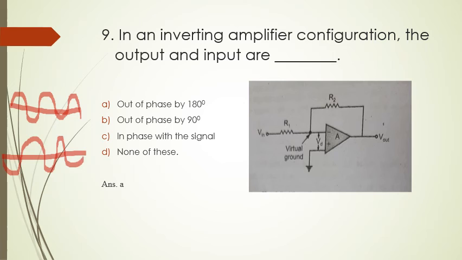So this is your input and this one is your output. From the waveform itself we can say that there is a 180-degree out of phase relationship between the input and output in the case of the inverting amplifier.